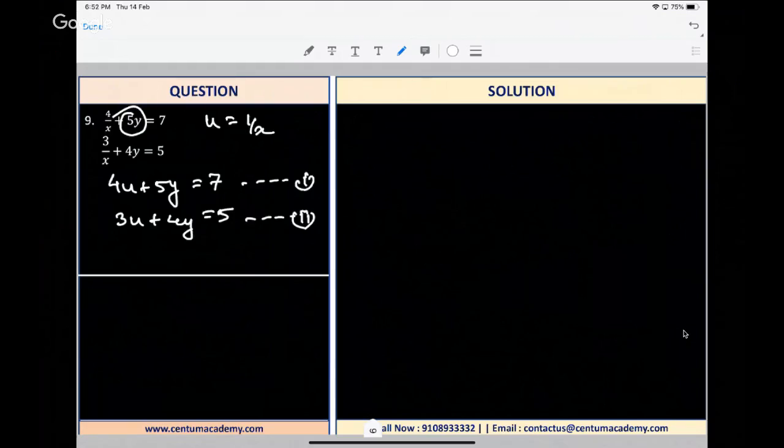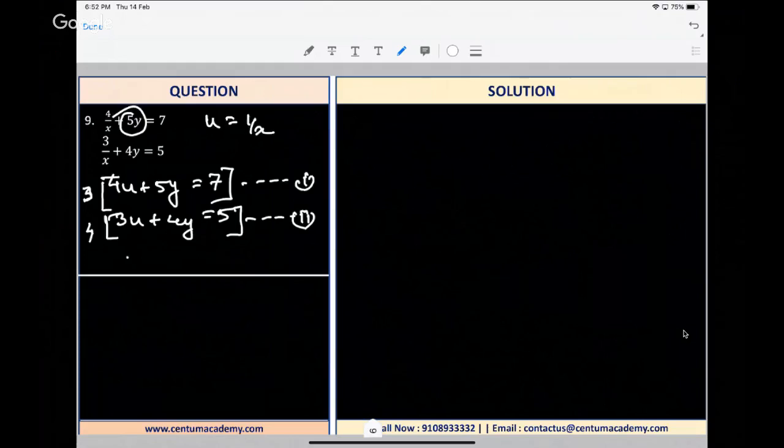And then again do the repeat of the process you already know. So I will go for elimination again. Substitution would be the last thing I would do. So what I'll do is I'll multiply equation 1 by 3, and the equation number 2 by 4. Why? Then my coefficient of u will be same.